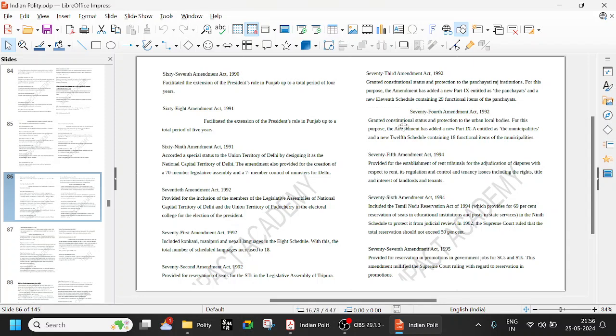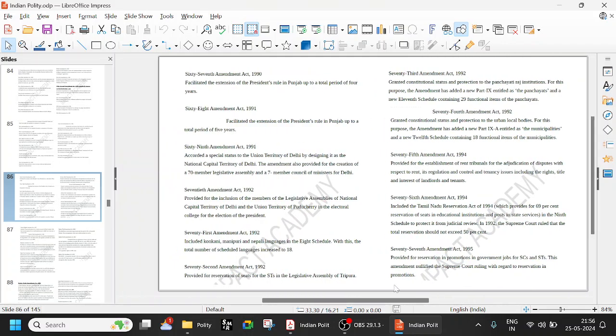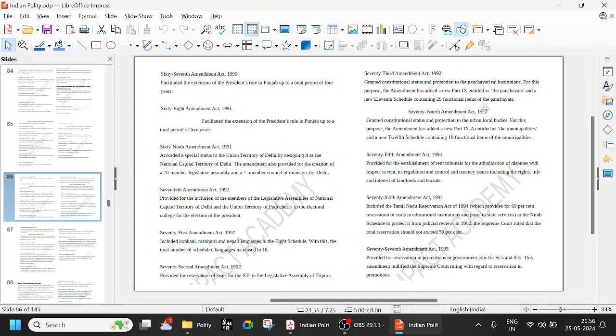This is municipalities. It added a new Part 9A. So Part 9 is panchayats, Part 9A is municipalities. This has 29 functions and this has 18 functions. 29 items for panchayats in Schedule 11, and Schedule 12 is municipalities, with 18 functions.